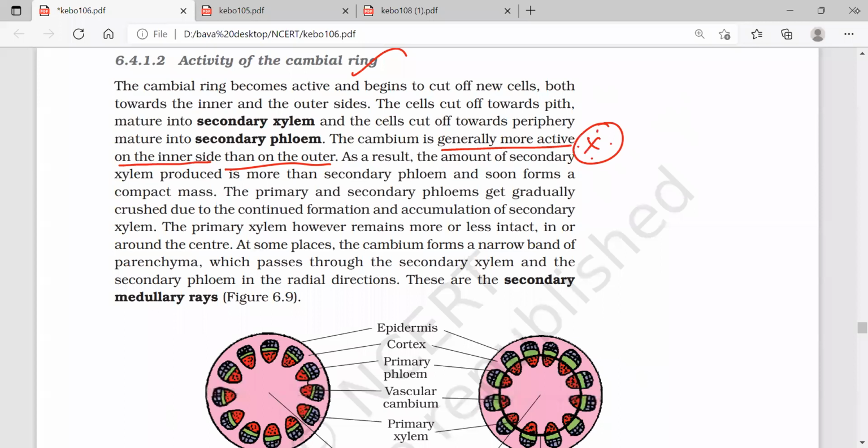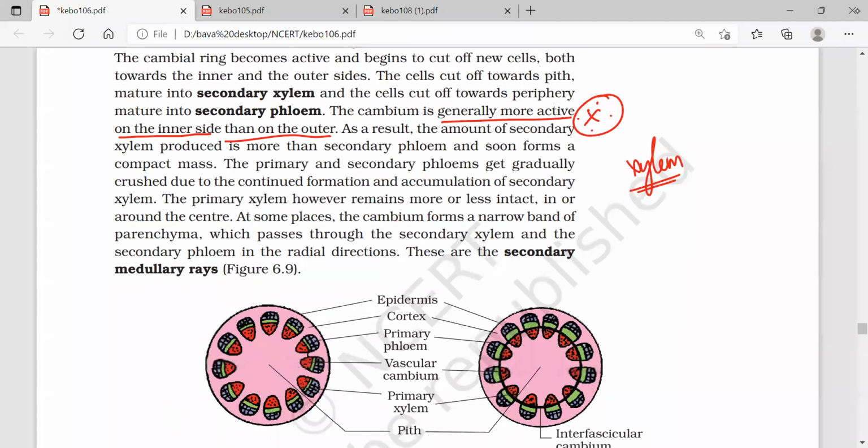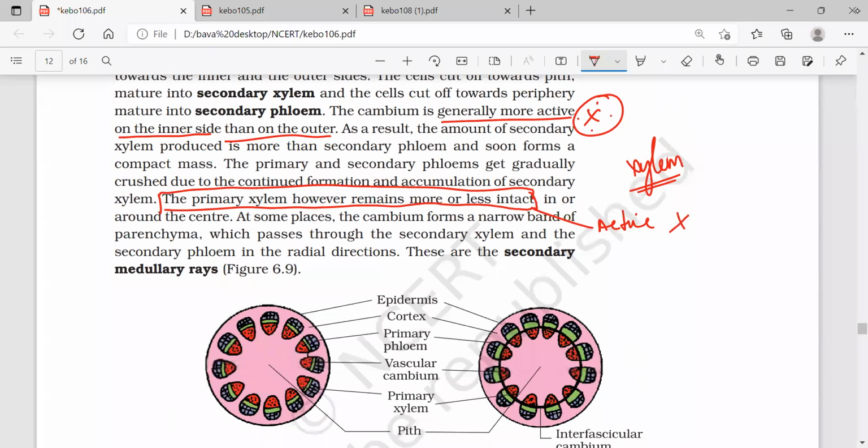So the cambium is always less active on the outer side than the inner side. On the inner side it is more active, which means more xylem elements are formed. To make it an incorrect statement, they can swap it and say the cambium is more active on the outer side than the inner side. So it is not correct. Similarly, the primary xylem however remains more or less intact. They can give it as active. That is incorrect. Note this line.